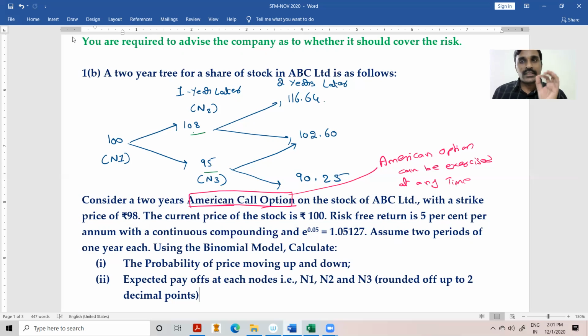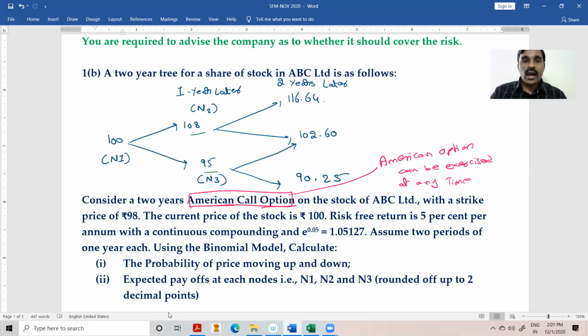Since it is an American option, we have the advantage of exercising at any point of time we want, so we are evaluating what if I exercise the option 1 year later, what if I exercise the option 2 years later. So we are able to break this, and we are able to calculate payoffs at each node. What is the benefit I'll get if I exercise at this point of time? We are able to calculate all these things because the option is an American option. That is the point.